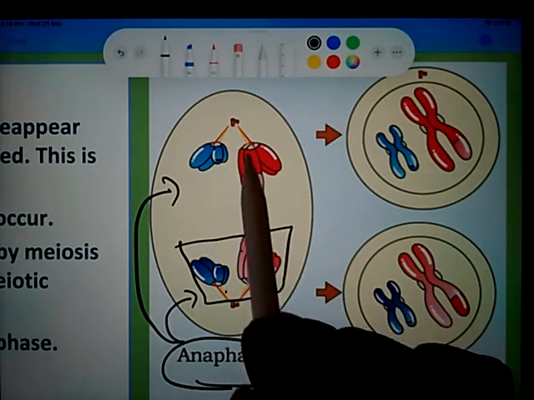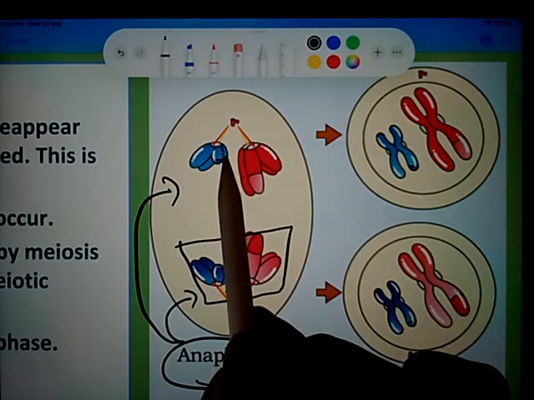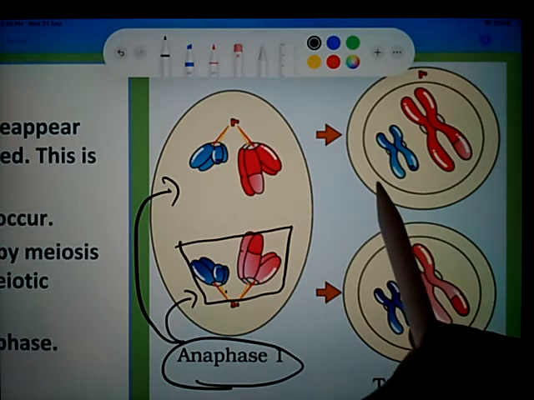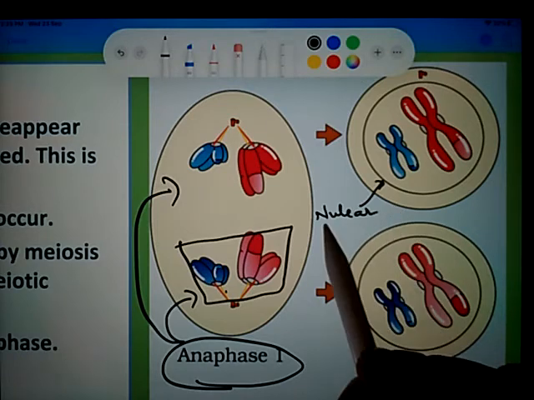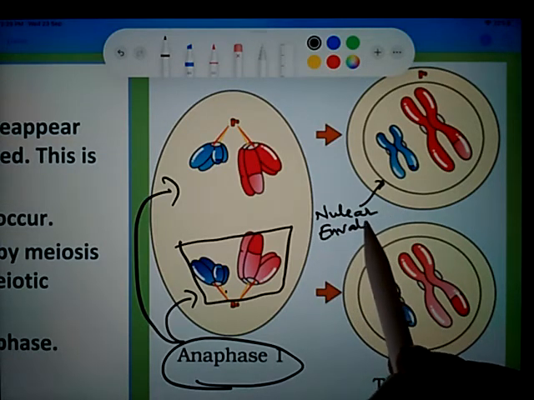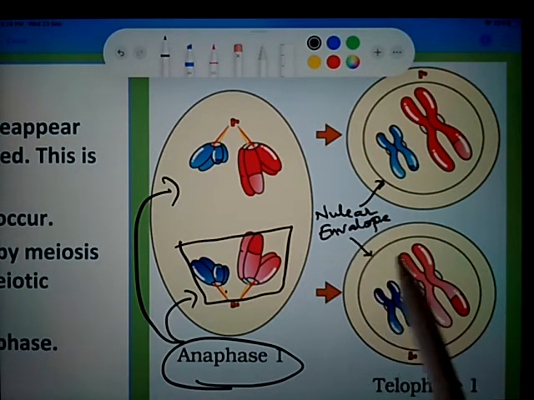And after they are reaching to their respective pole, this is a nuclear envelope which is actually formed around them, and centromere is getting nearby to the nuclear envelope. So two nucleus are formed, and later on cytoplasm also divided.